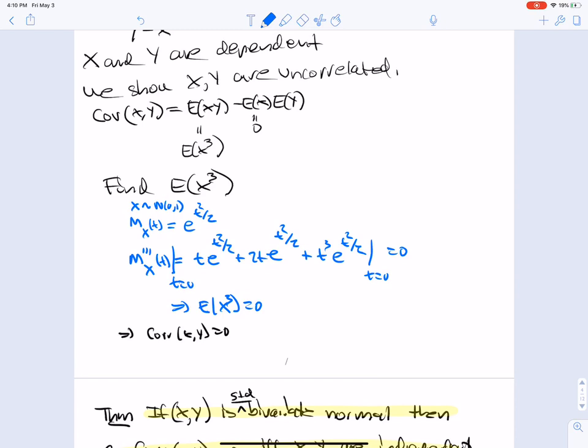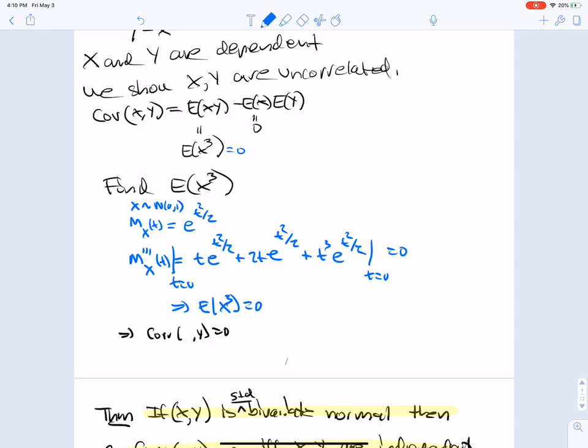You can show that that's 0 using, for example, the third derivative of the MGF of X. And then since the expectation of X is 0, you find that the covariance of XY is 0, and hence the correlation of XY is 0.